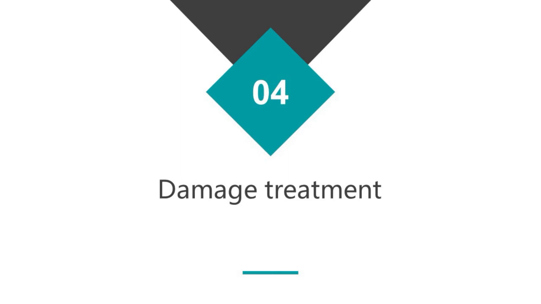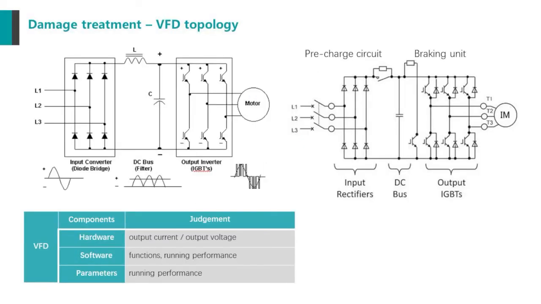Let me introduce the VFD structure at first so that you could understand it better. VFD is mainly composed of hardware and software. The software mainly contains functions and parameters.